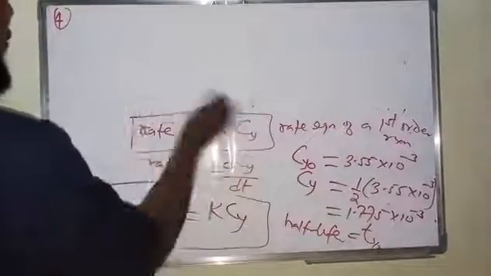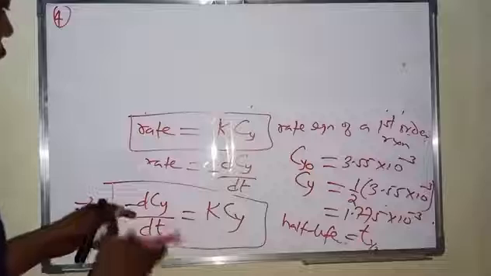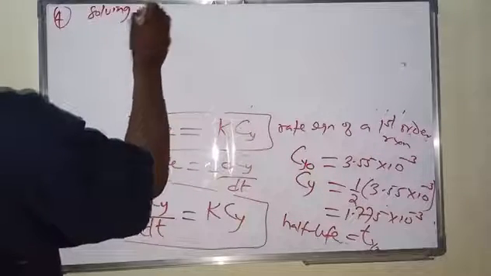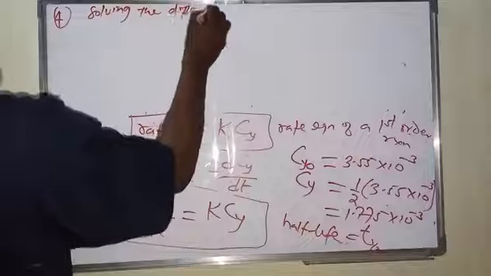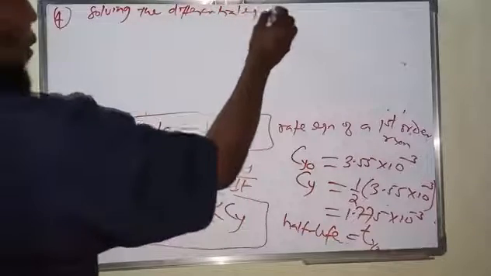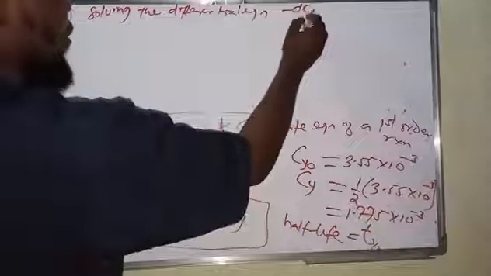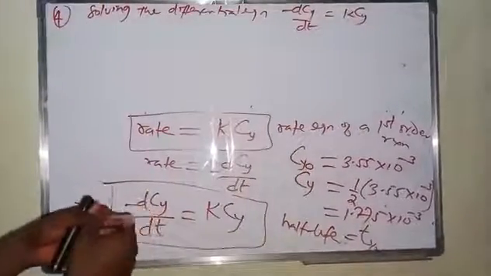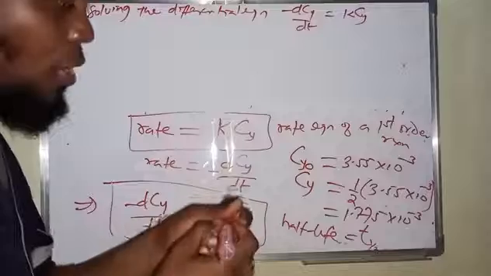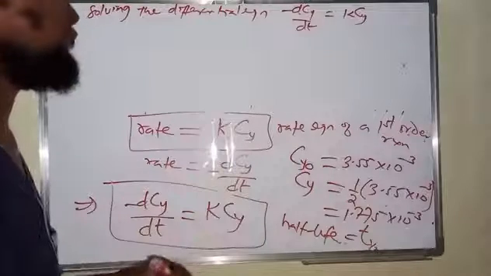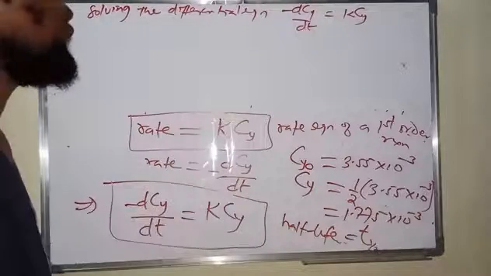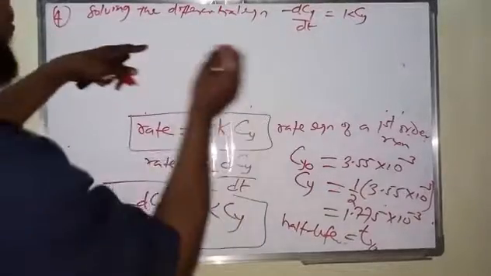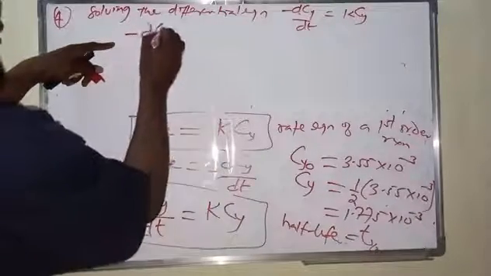So like I said, we have to solve this. Solving the differential equation. What is the differential equation? dCy/dt equals kCy. So how do we solve it? You might not be privy to integration and differentiation, but if I had to do this, we do variable separation.